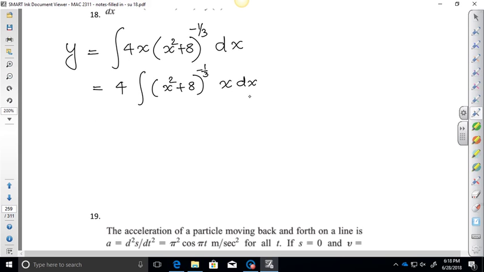X dx. Tell me u. What's u? X squared plus 8. That's pretty obvious there. u is x squared plus 8. So u equals x squared plus 8.